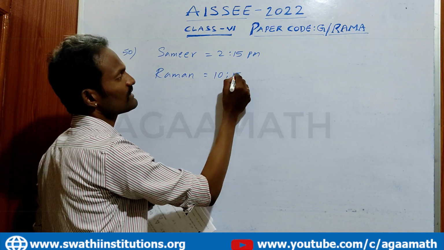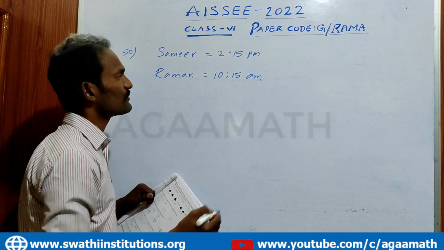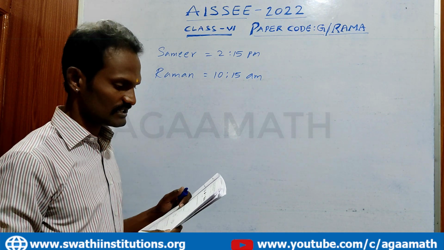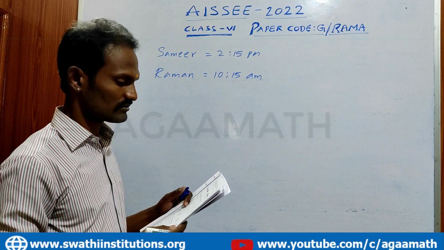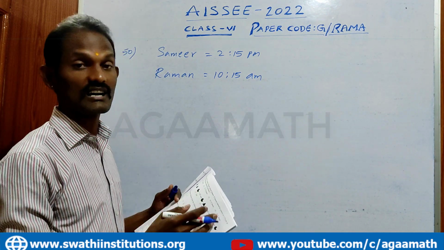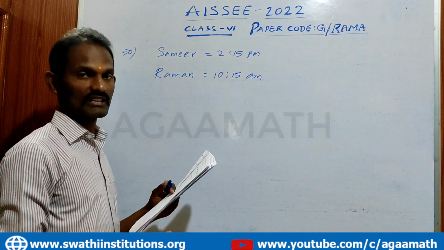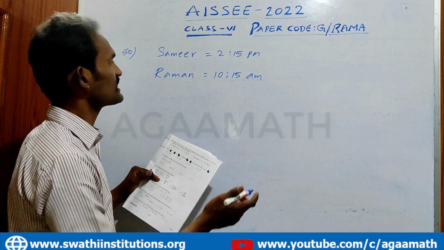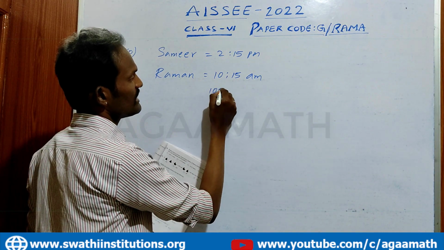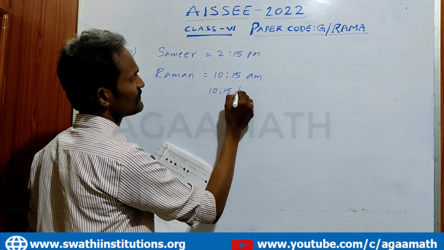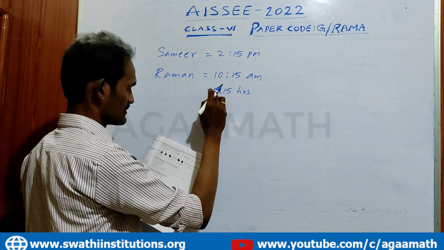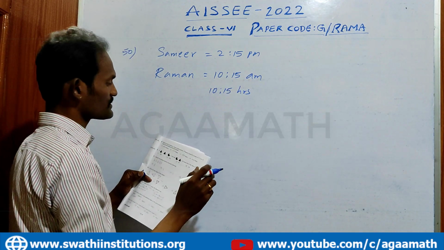So 10:15 is AM, not PM. The answer is given in the 24-hour clock, so it is in the morning itself: 10:15 hours. So the option is 3.